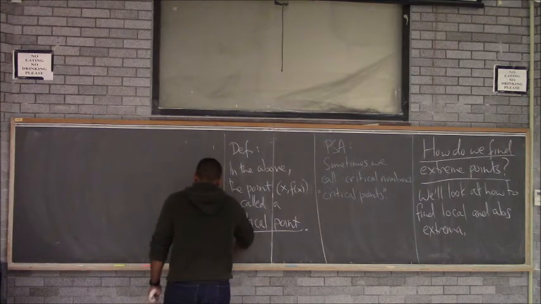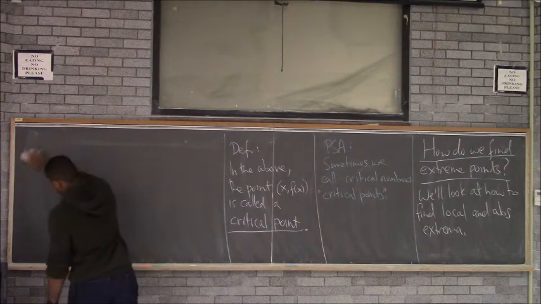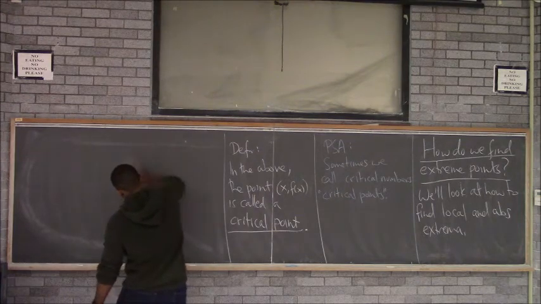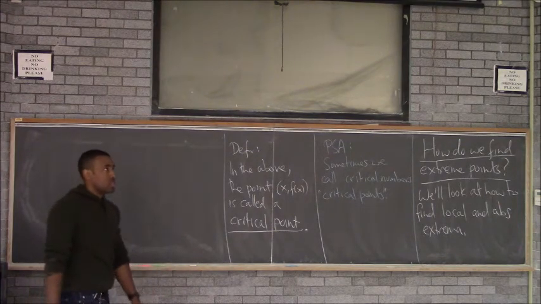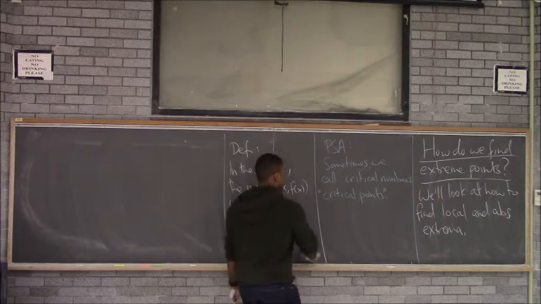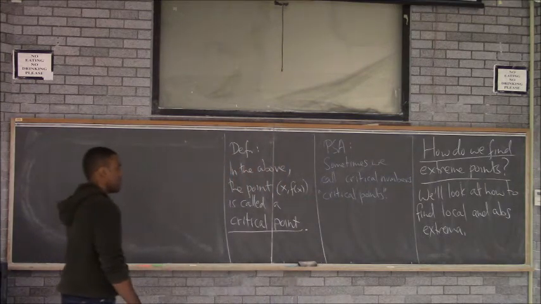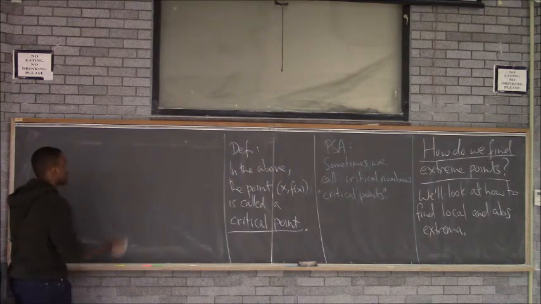I'll tell you the method we can use to find them, and I will write down some examples, but we won't do them. So let's talk about finding absolute extrema first.